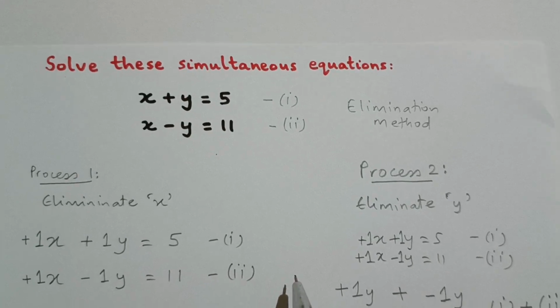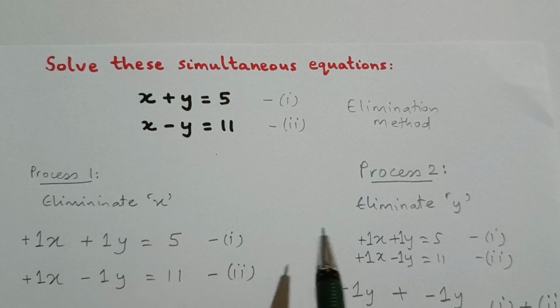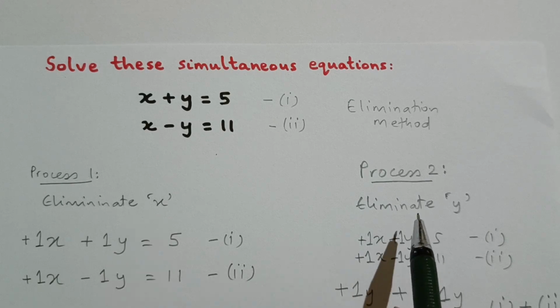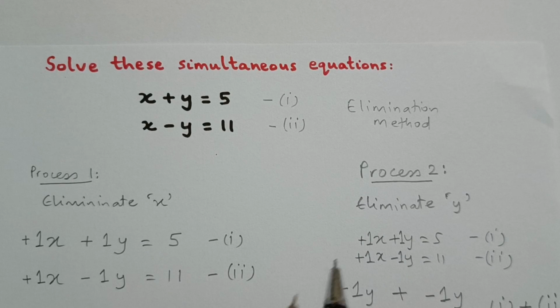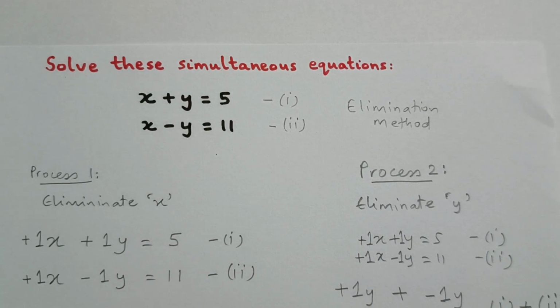That is the beauty of maths. Either you can solve this question by eliminating variable x, or you can solve this question by eliminating variable y. So this is how you can solve such kind of simultaneous equations by elimination method.